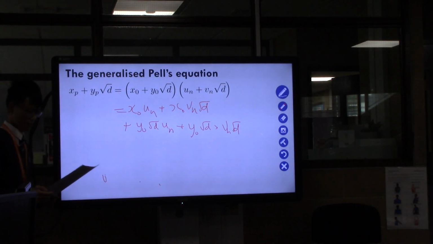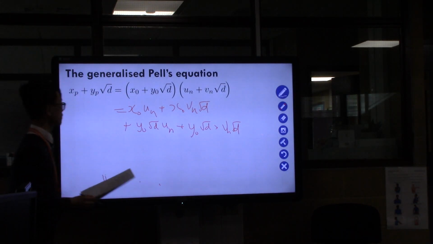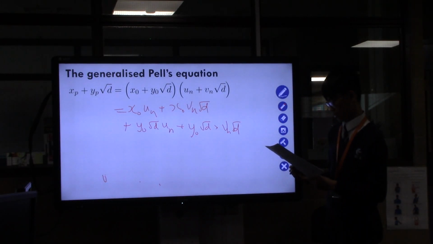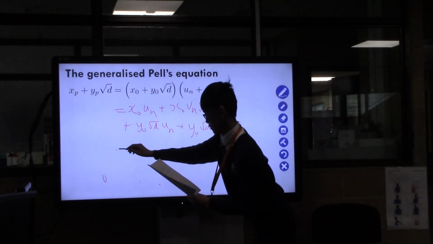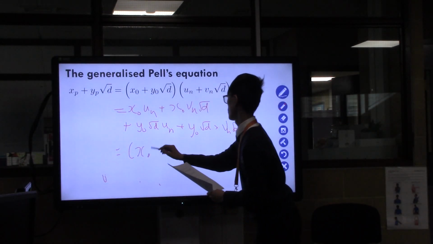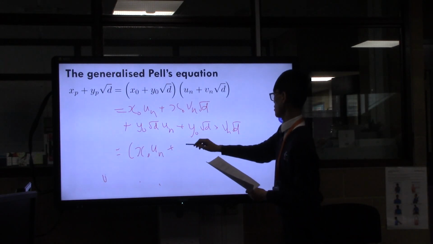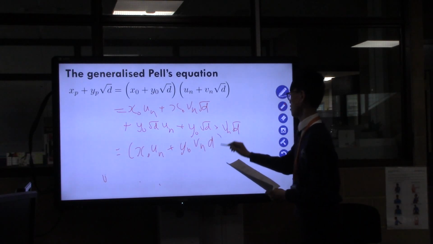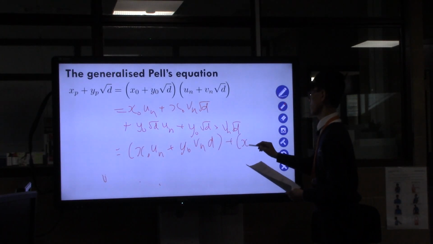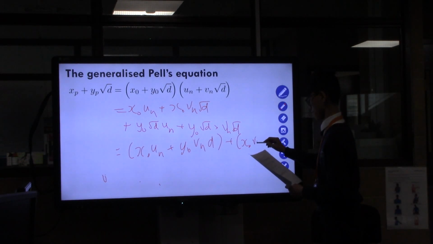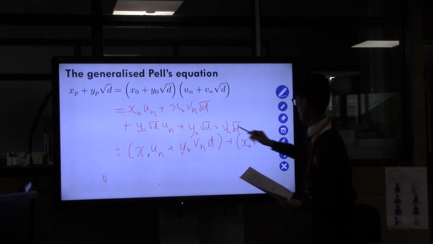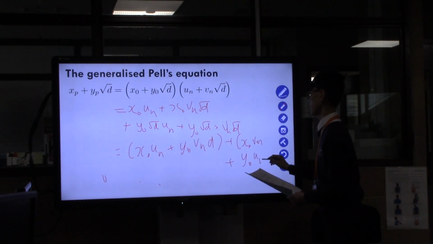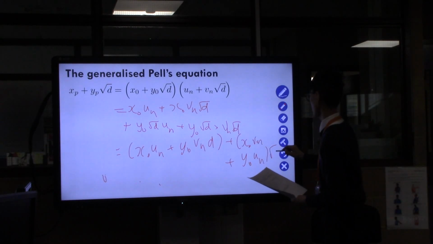We can simplify that to get x0 un plus y0 vn d plus x0 vn plus y0 un, all times square root d.